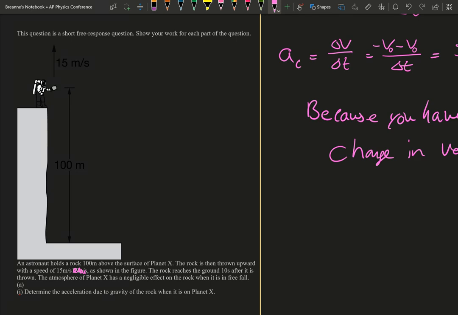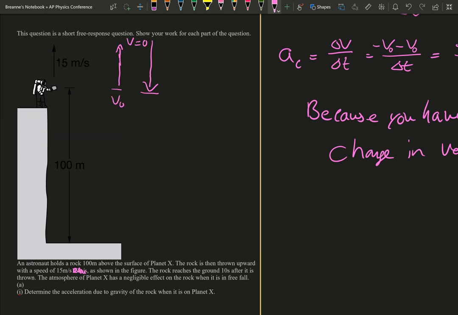So now we have to think about 1D motion. As the ball goes up, the velocity at the top goes to 0, and then it comes back down. As long as it's at the same height, your velocities are going to be the same, just one's going to be negative.